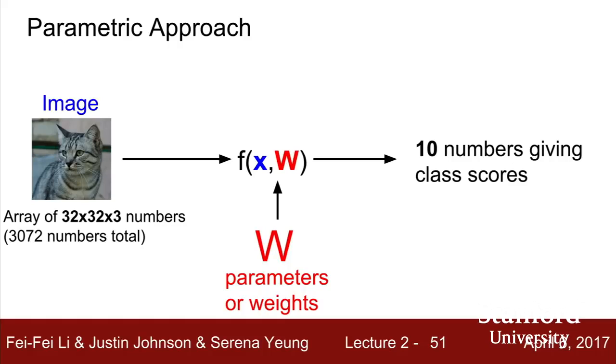Now we're going to write down some function which takes in both the data x and the parameters W, and this will spit out 10 numbers describing the scores corresponding to each of those 10 categories in CIFAR 10, with the interpretation that a larger score, like the larger score for cat, indicates a larger probability of that input x being a cat.